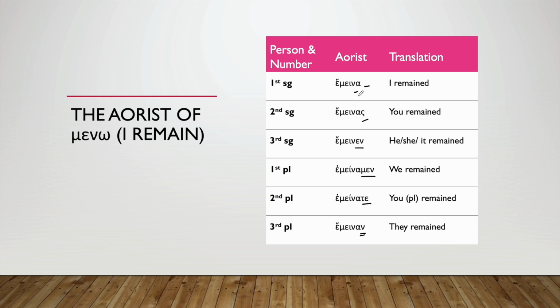What we're seeing here is the sigma's gone and the lengthening of the stem vowel, from the epsilon in μένω to the epsilon iota that we see in the first aorist. But other than that, it looks almost exactly like what we see in the first aorist.